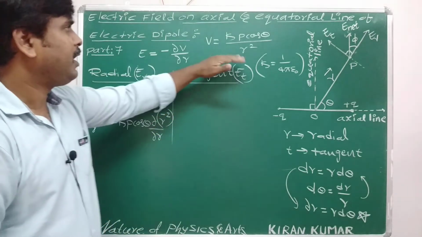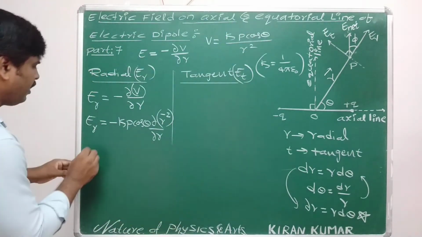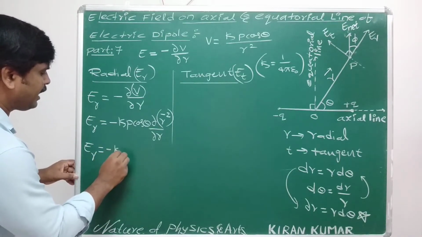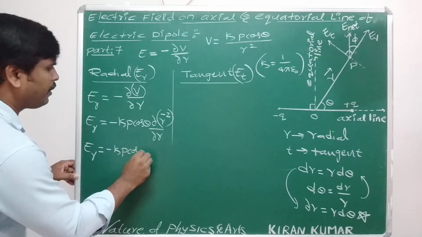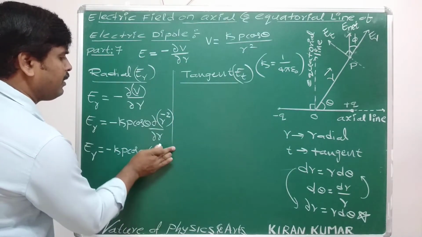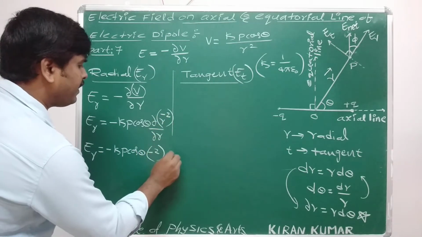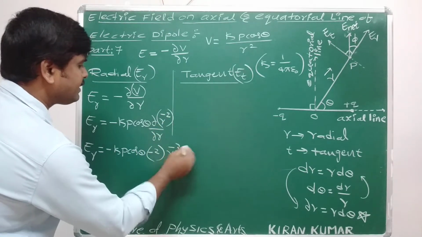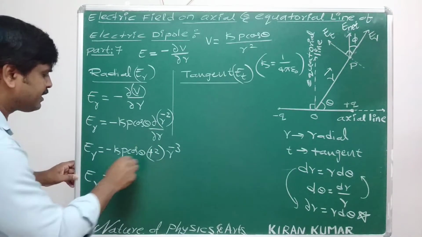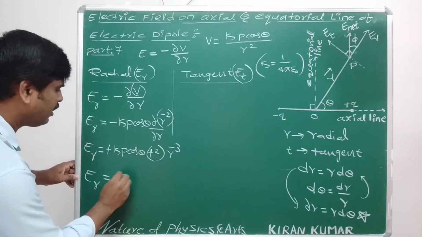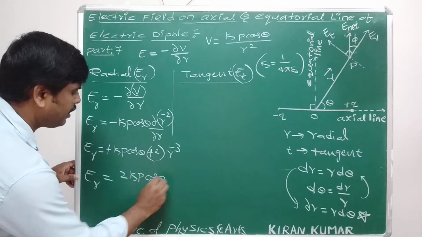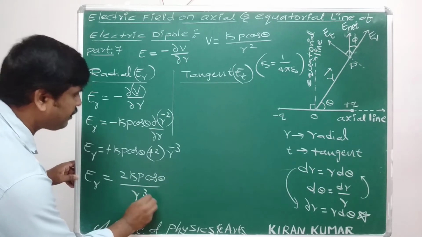So this is from denominator to numerator. So the E_r value is equal to minus Kp cos theta, into minus 2, and the remaining value is r to the power of minus 3. So we got E_r, this minus gets cancelled, equal to 2Kp cos theta divided by r cube.